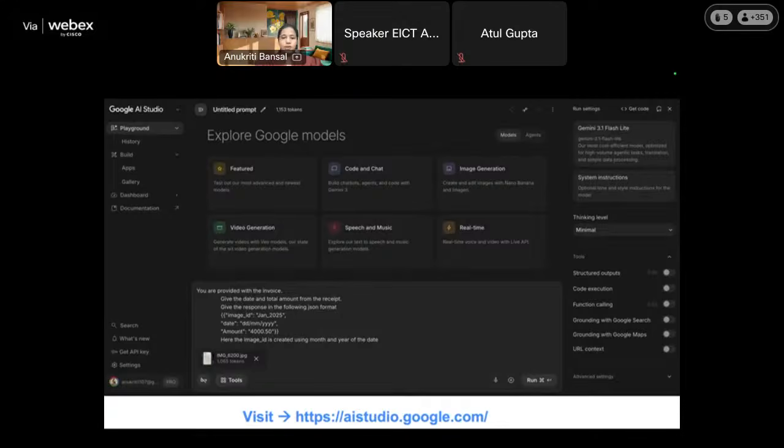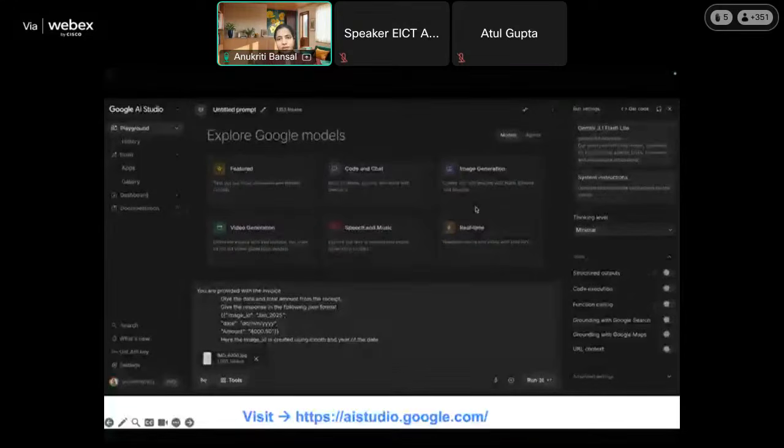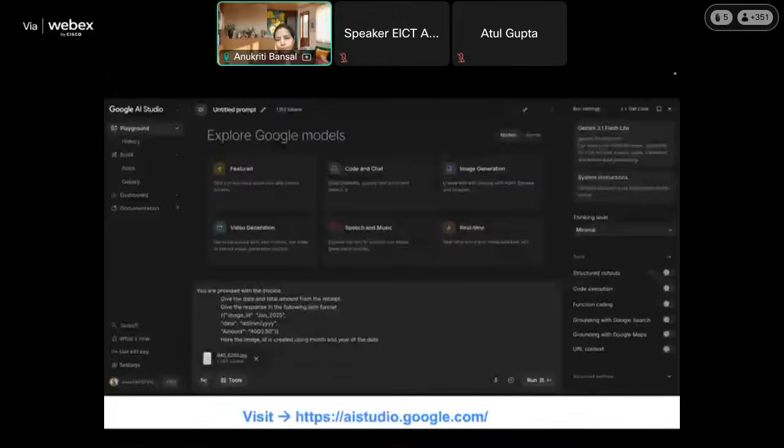Once you go to this website, there are so many things you can try. You can generate images, which otherwise in Nano Banana you will not get the pro model, but sometimes they provide you some free tier. You can use this in free tier mode. Mine is the pro version, so it is available for me, but it is available for you also.